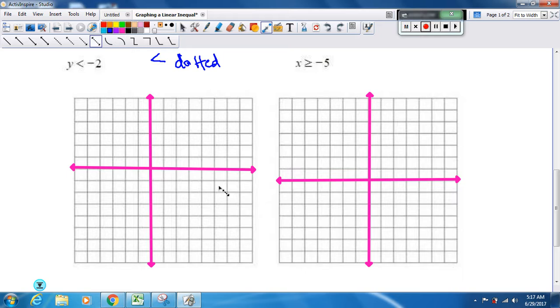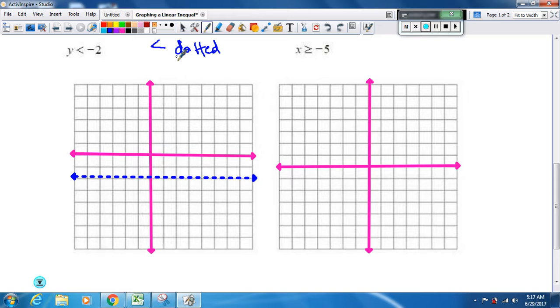Let me try again. Okay, that's -2 on the y. Less than is color under the line. So less than is under the line. So we color under the line. Okay, that one's done.